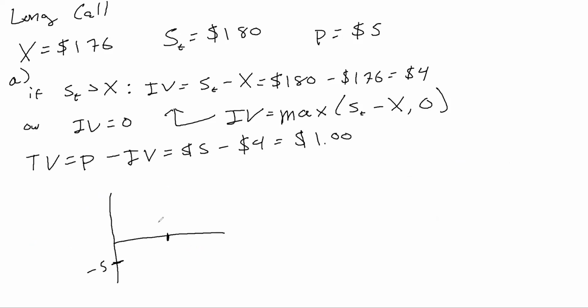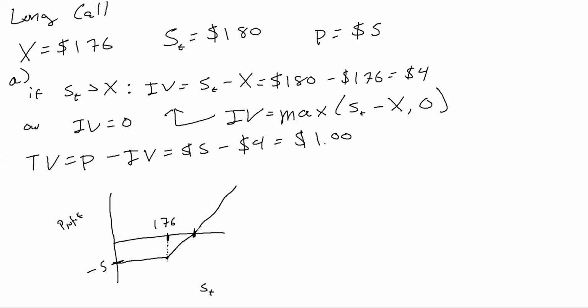And at this point, you exercise at 176. The y-axis is your profit, and the x-axis would be the stock price. If you exercise at 176, then your profit is going to increase at a 45-degree angle. For every dollar increase in stock price at the time of expiration, you would have a $1 increase in your profit.